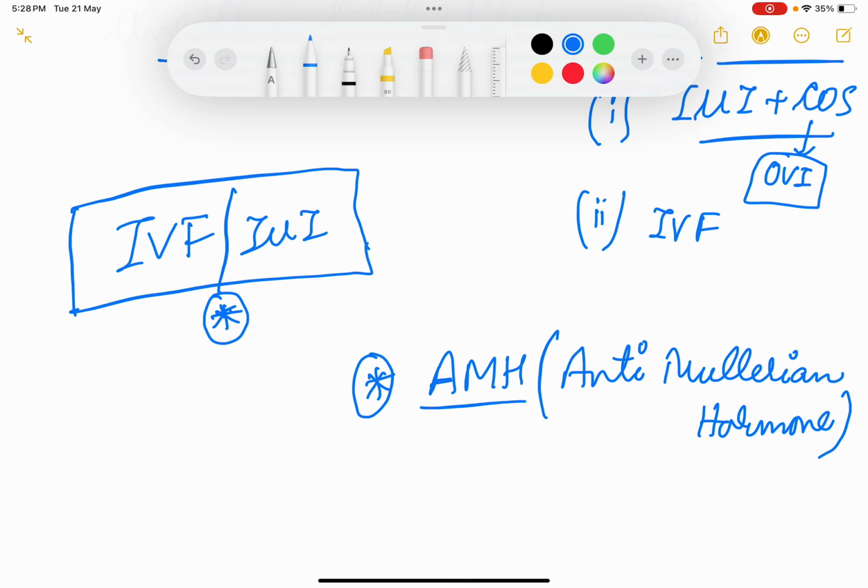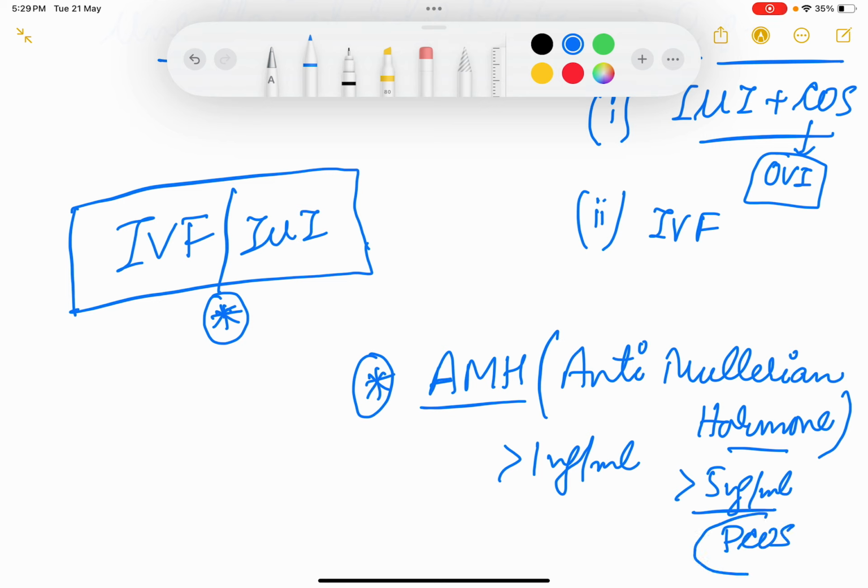You can get it done any day of the cycle. Normally the AMH level should be more than 1 nanogram per ml, and if it is very high, that is more than 3 to 5 nanogram per ml, then it is suggestive of PCOS, because PCOS patients will have a lot of follicles in the ovary which will increase the anti-Mullerian hormone.